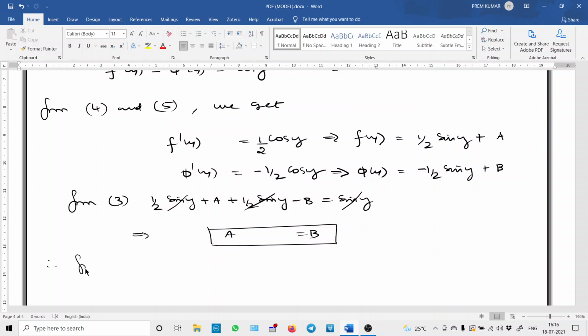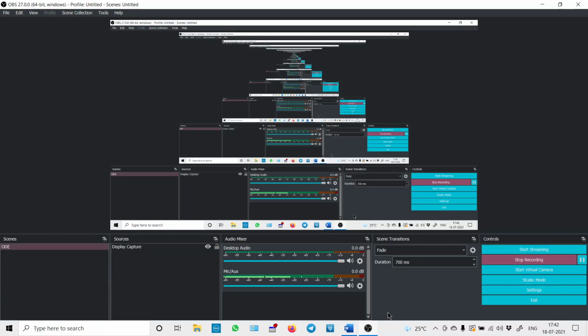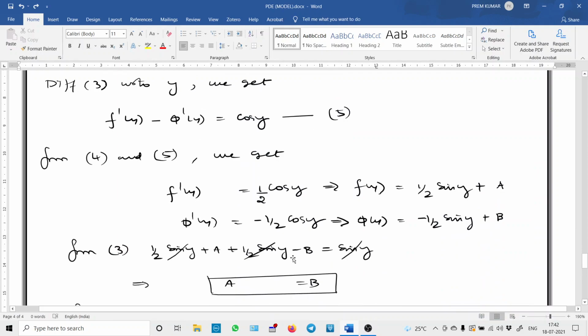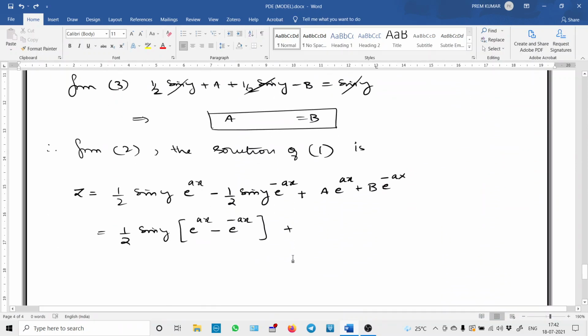So 1 by 2 sin y is common in these two terms, into e power of ax minus e power of minus ax, plus, since a and b are equal we can substitute in place of b, a.